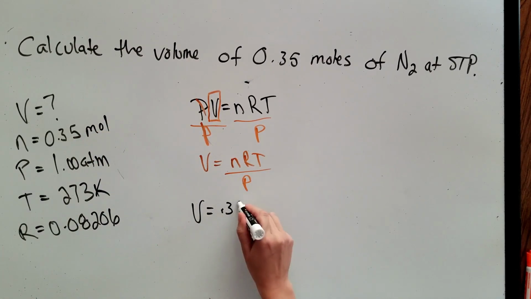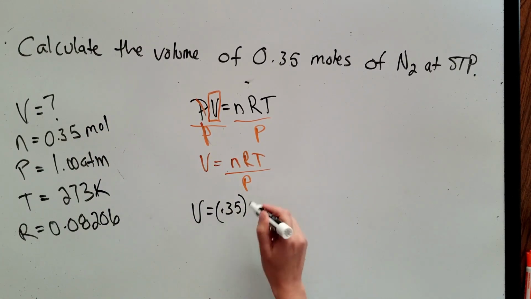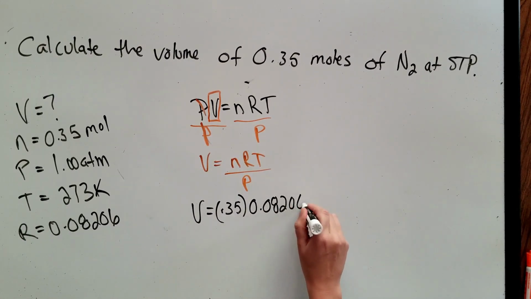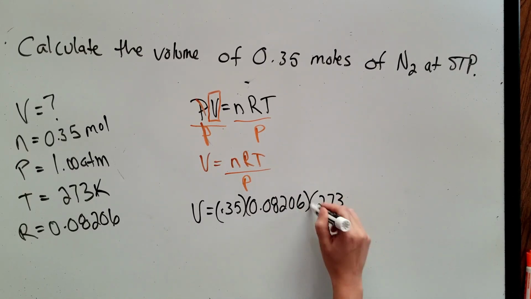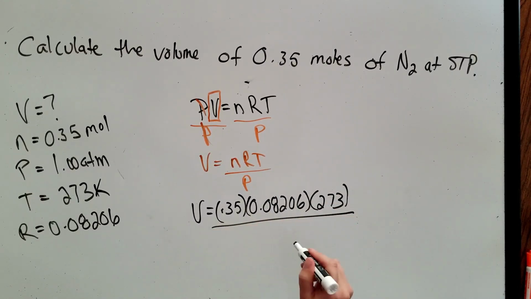Keeping with my units here. So 0.35, my R value, 0.08206. My T is 273, standard temperature conditions. And my pressure is just 1. So I get 0.35 times 0.08206 times 273.